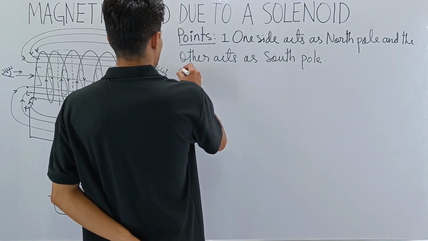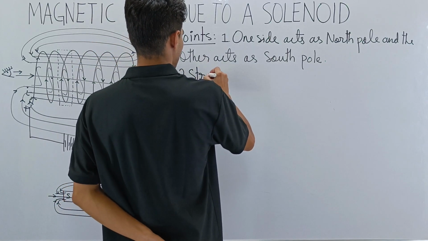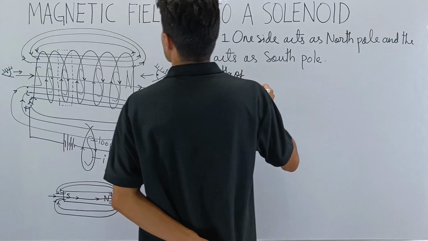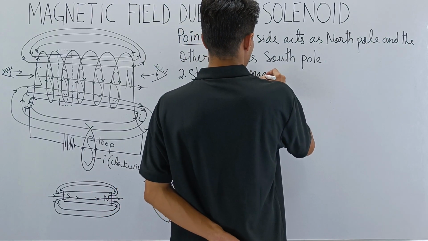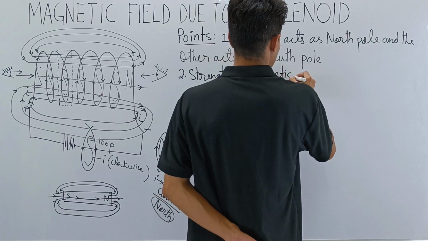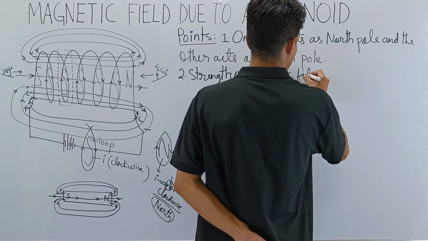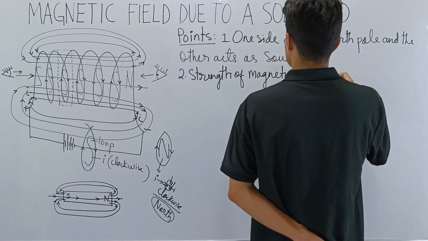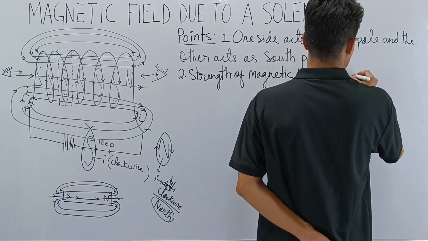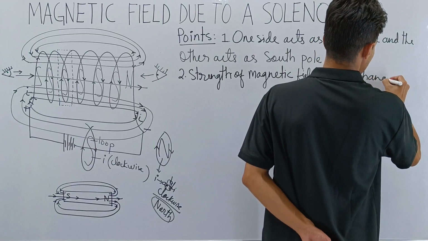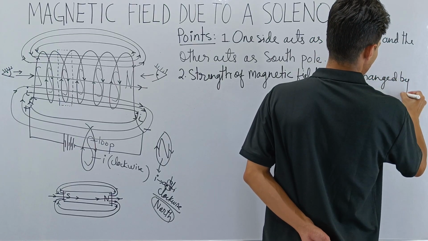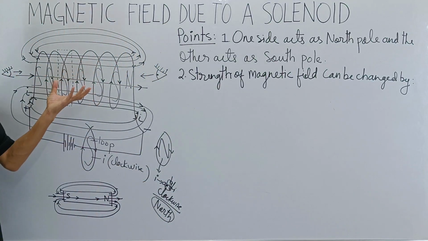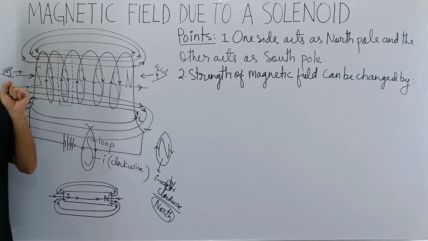Next, point number two, strength of magnetic field. The strength of the magnetic field generated or produced in a solenoid can be changed.